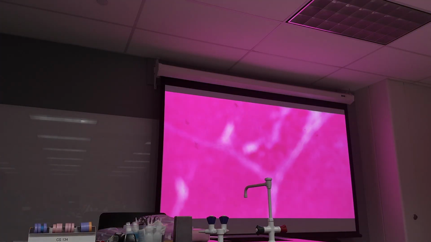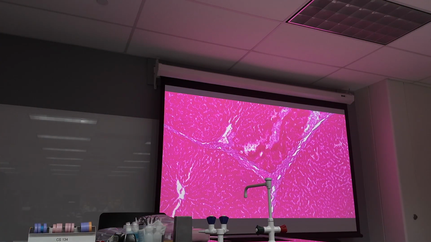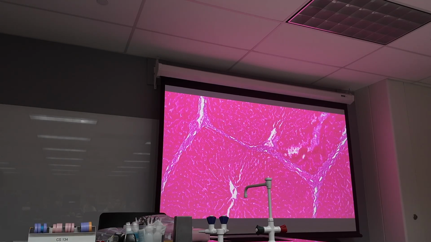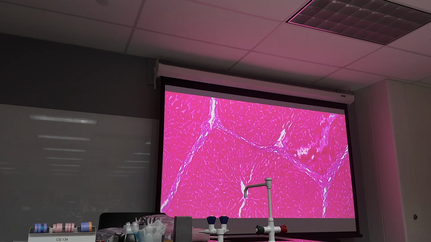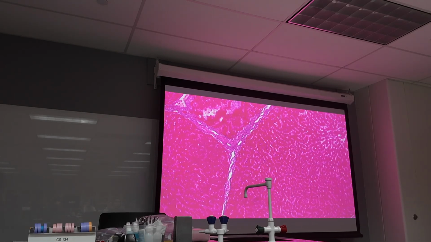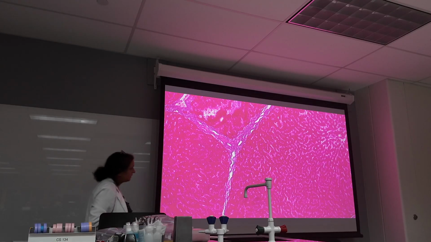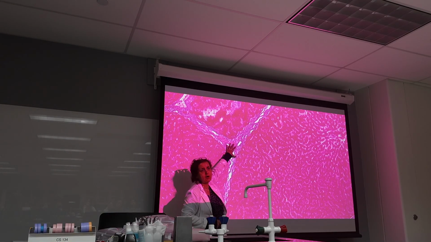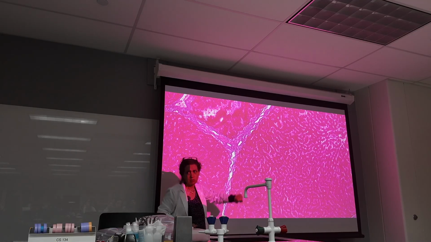The triad is a structure that consists of 3 structures together: hepatic artery, hepatic portal vein, and bile duct. It's very hard. I don't ask my students to identify them, but I want them to know that triads are here, at the corner of each lobule.